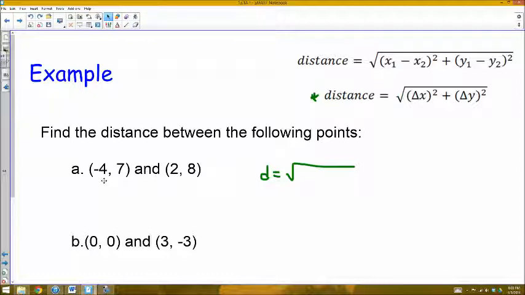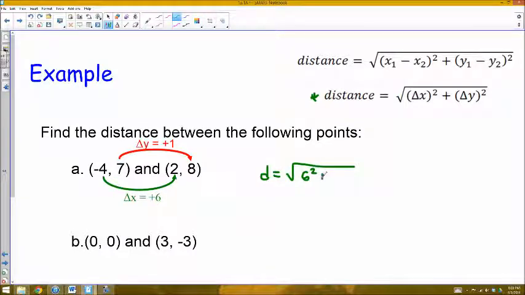Now notice from -4 to 2, x has increased by 6 units, so my change in x is 6. And I'll also need my change in y. Now from 7 to 8, my y value has increased by 1. So I end up with the change in x squared, which is 6 squared, plus the change in y squared, which is 1 squared. So that the distance between these two values is 36 plus 1, square rooted, or the square root of 37.